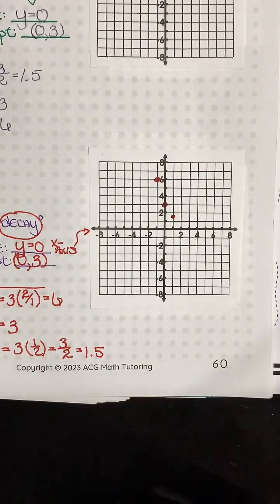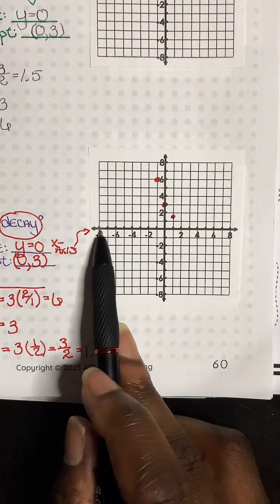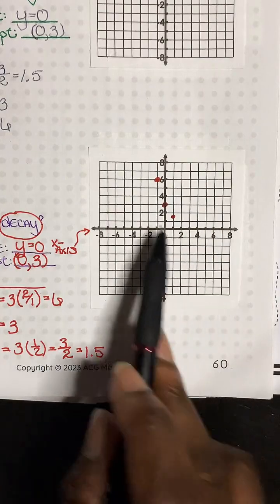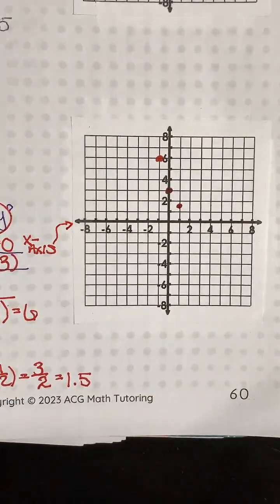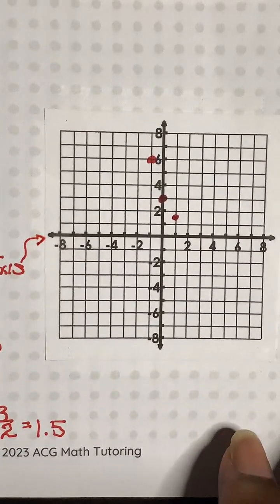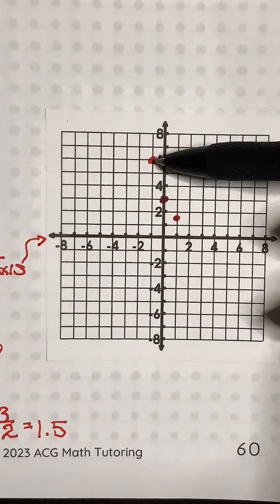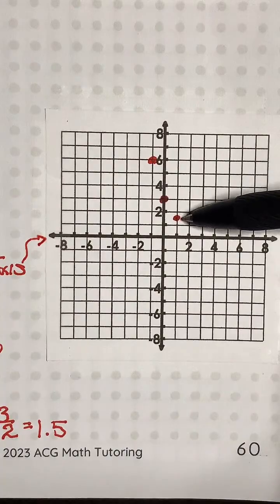So since our asymptote is basically the x-axis, and you could probably see, let me zoom in a little bit, especially the ones in red, you see a little bit of a curvature. It's really small.